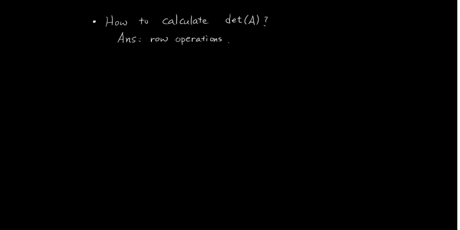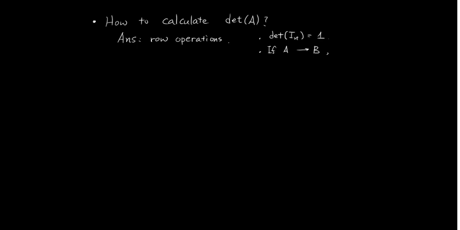As a summary, you have several tools that you can use. The building block is that the identity matrix always has the determinant equal to 1. And whenever you do an operation, the determinant will change correspondingly.